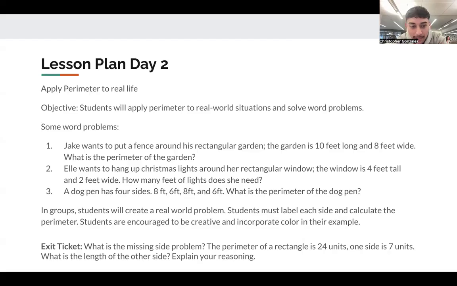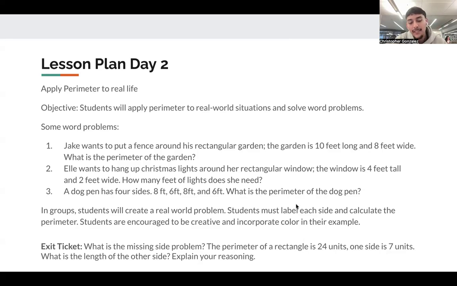The window is 4 feet tall and 2 feet wide. How many feet of lights does she need? The third one would be a dog pen, with 4 sides: 8 feet, 6 feet, 8 feet, and 6 feet. What is the perimeter of the dog pen? And students create a real world problem. Students are encouraged to be creative and incorporate color in their example.